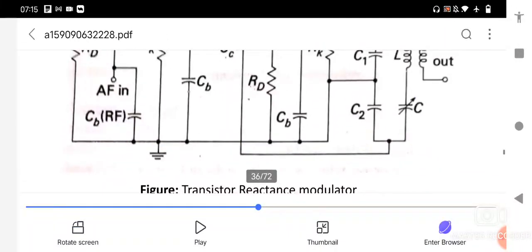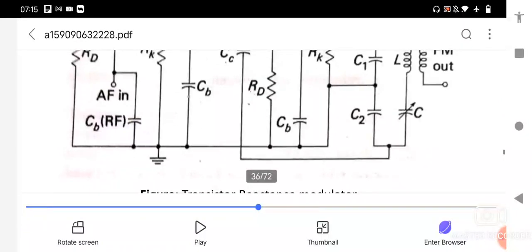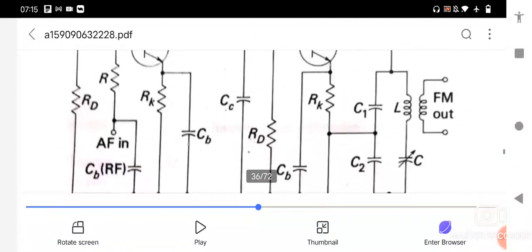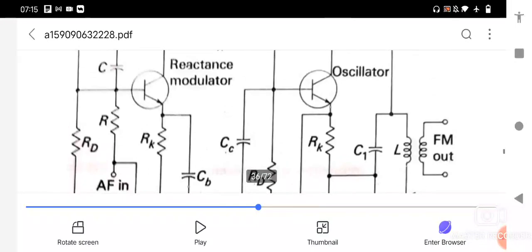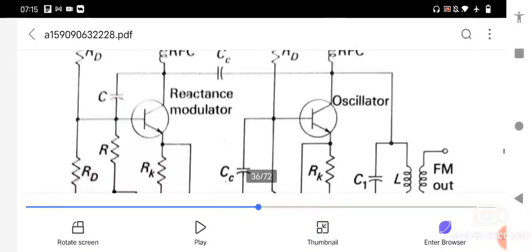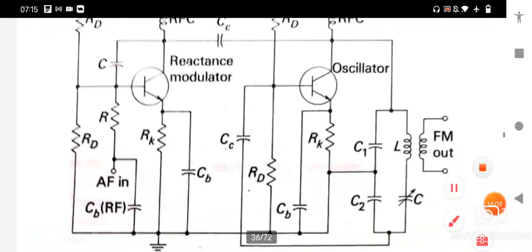This is represented as the transistor reactance modulator. These are the methods using direct FM by which we can generate frequency modulated signals. So this is the direct FM technique.